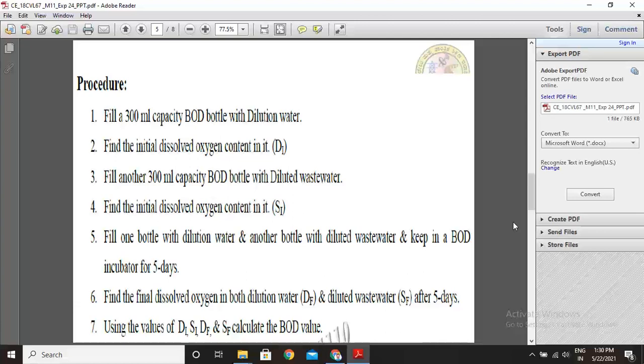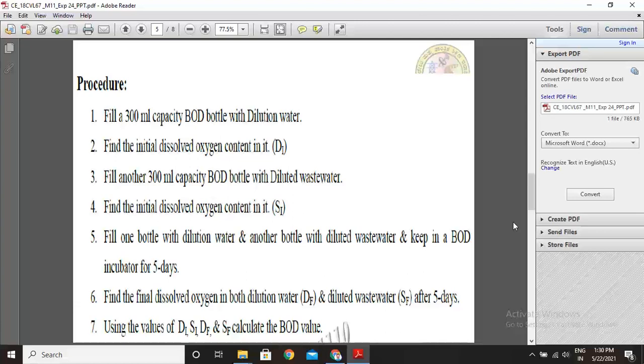Find the initial dissolved oxygen content in it, that is D1. Fill another 300 ml capacity BOD bottle with diluted wastewater. Find the initial dissolved oxygen content in it, that is S1.